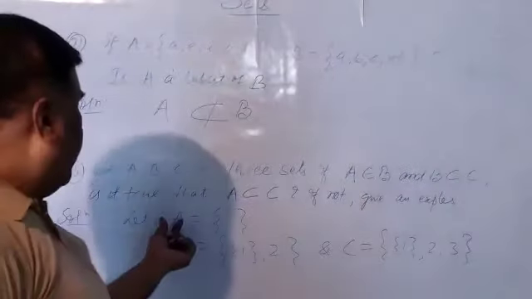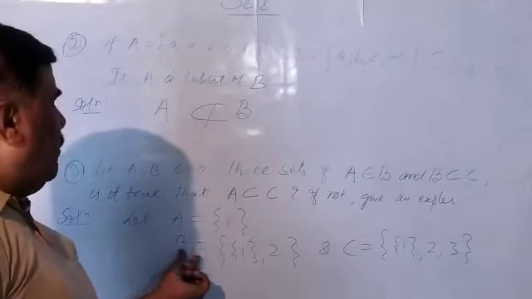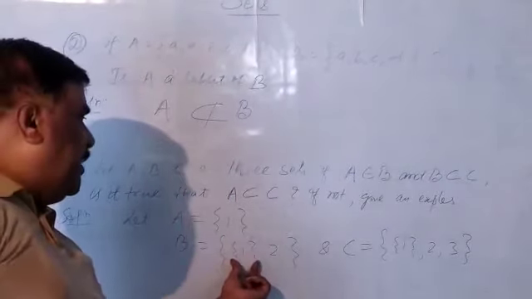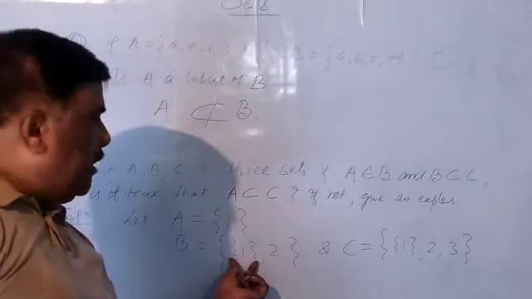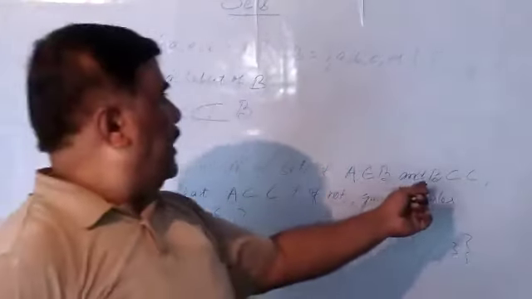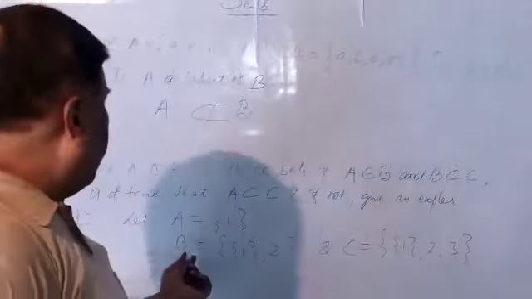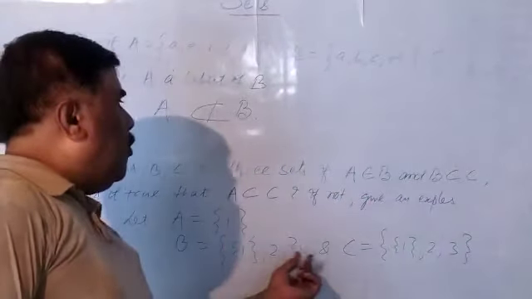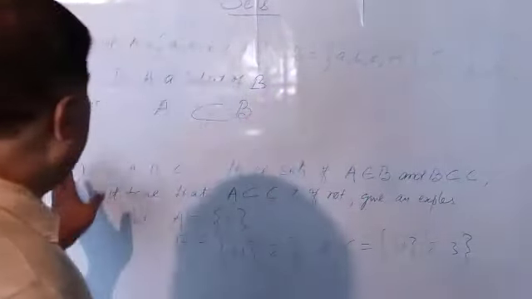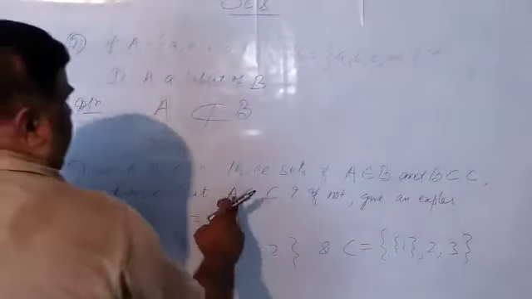Here A is an element of B because the set A is one of the elements in set B, and next B is a subset of C. It means each element of B is also present in C. Then is A a subset of C?